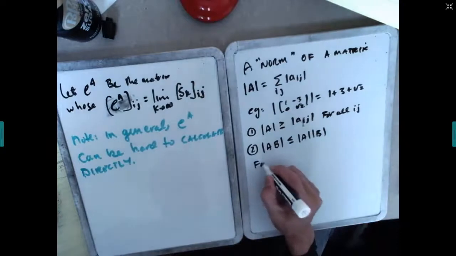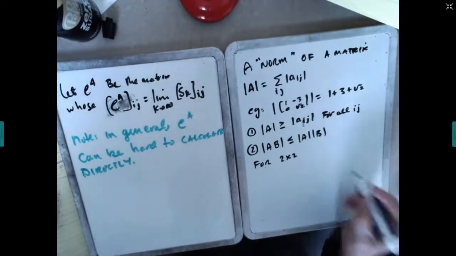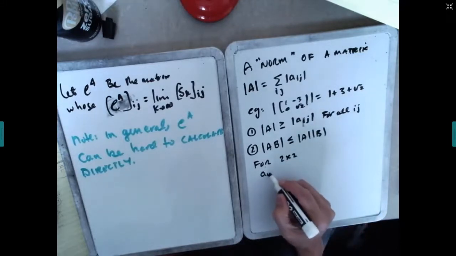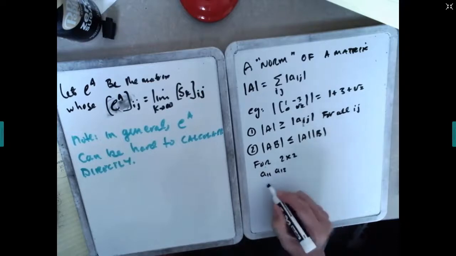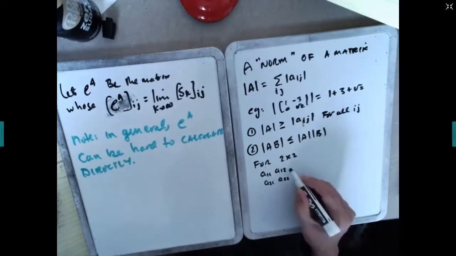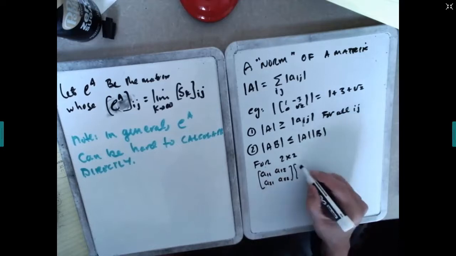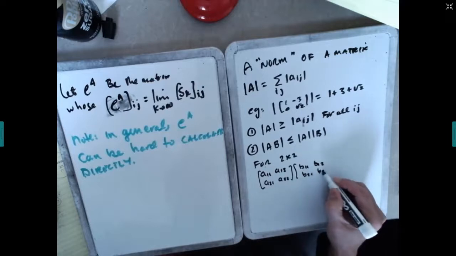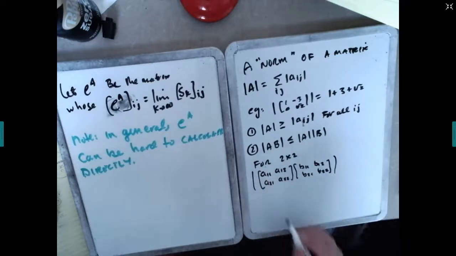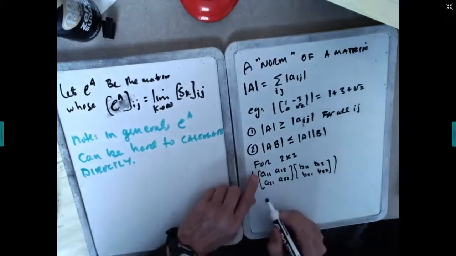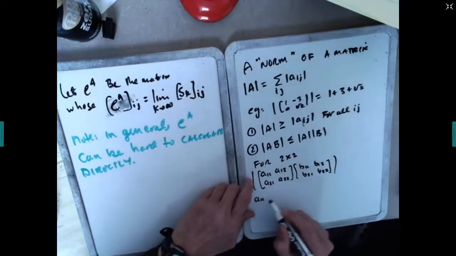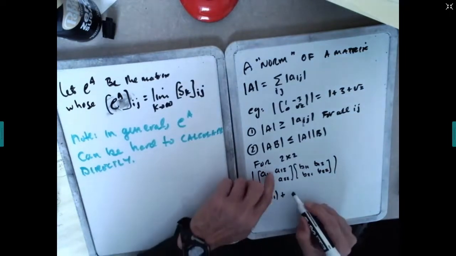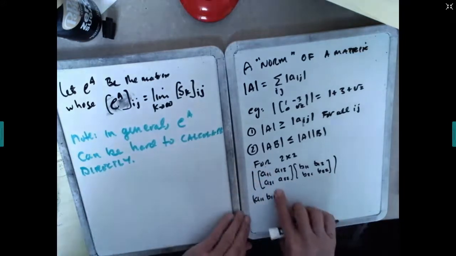For 2 by 2s, here's how you can see it. Think about A11, A12, A21, A22. And let's say you multiply by this. And then you take the norm. Well, what products do you get? You have A11 B11, then you're going to take the absolute value. Not yet, my bad. You're not going to take the absolute value yet.